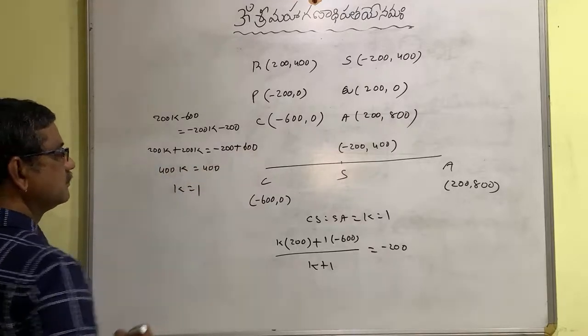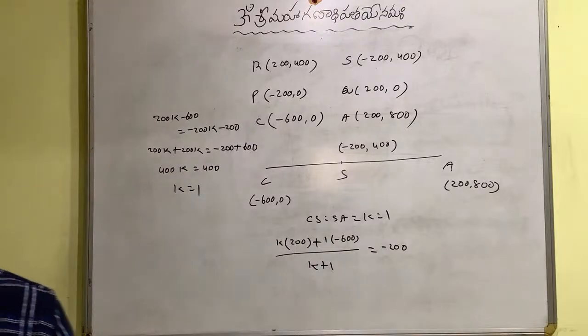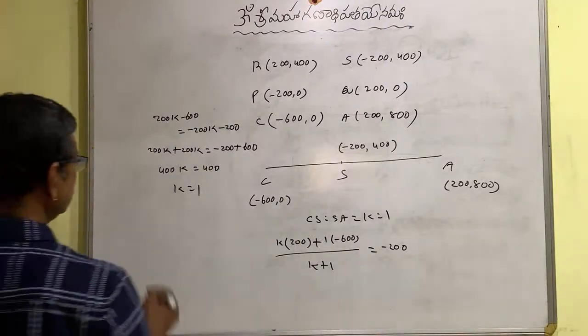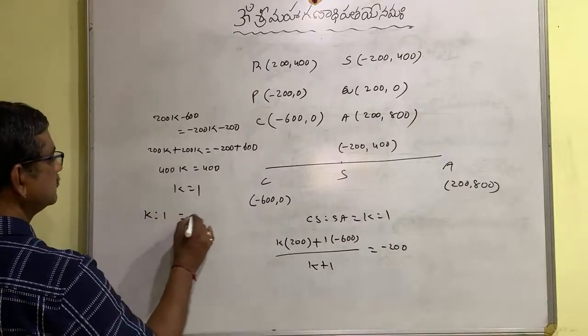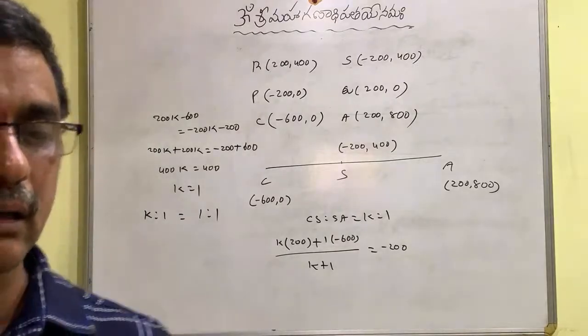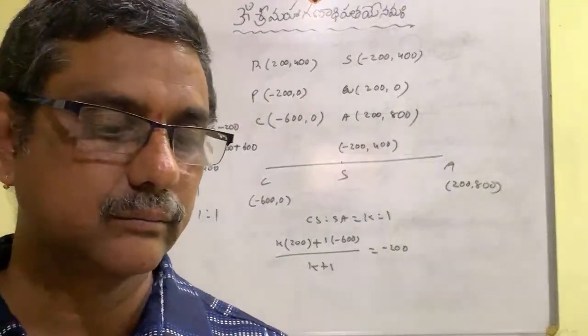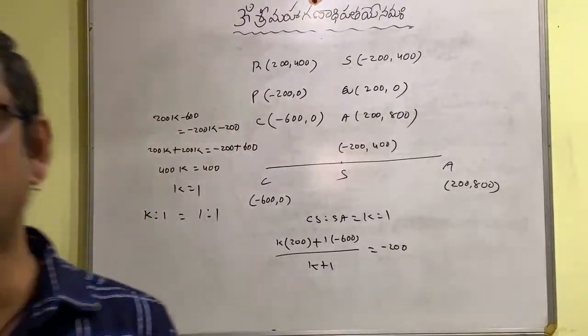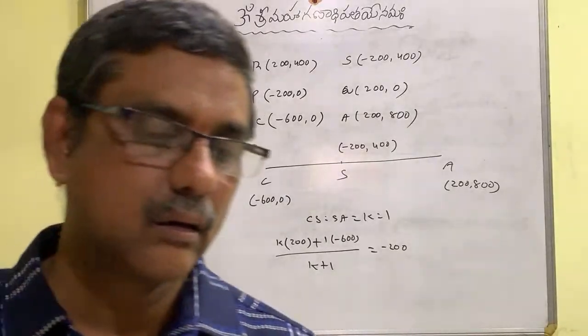K is 1. If k is 1, the ratio is 1 is to 1. K value 1 and ratio is 1 is to 1.